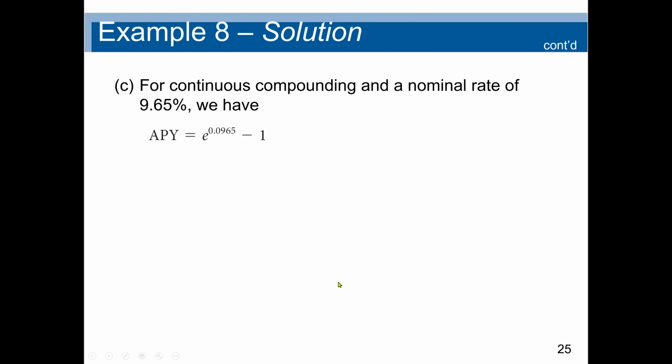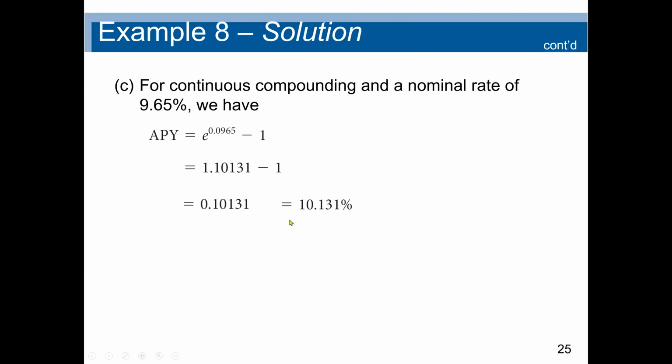Now we have C, continuously, so we are going to use the formula e to the power of the rate minus 1. The rate is 9.65%, so it will be e to the power 0.0965 minus 1. Using the calculator, e to the power 0.0965 gives us 1.10131, minus 1, so that gives us roughly 10.131%.